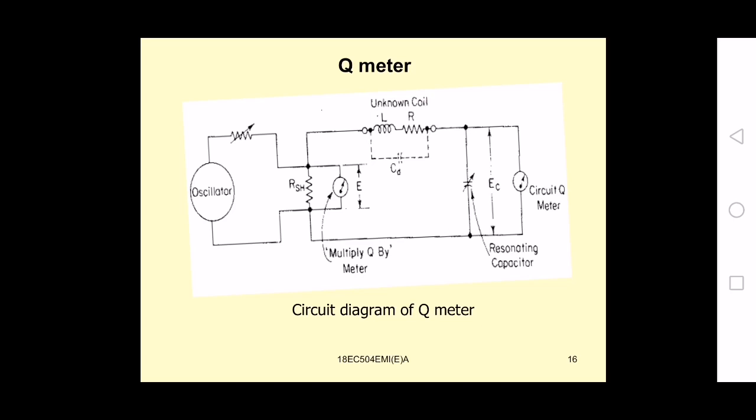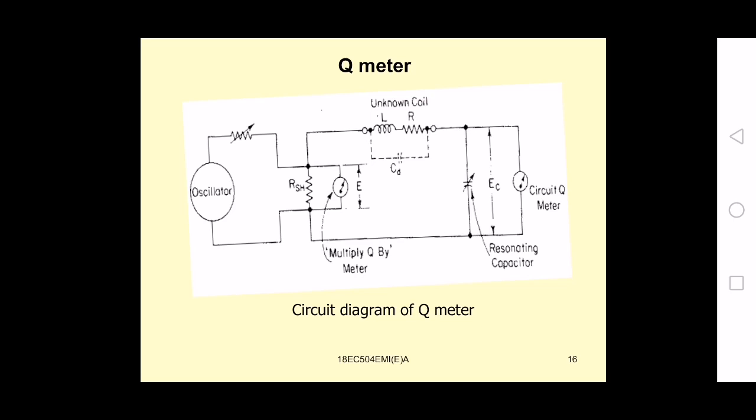By using this we can have the series resonance. When the series resonance happens, we measure the readings of the voltage across the capacitor C and the voltage across the shunt resistance RSH.